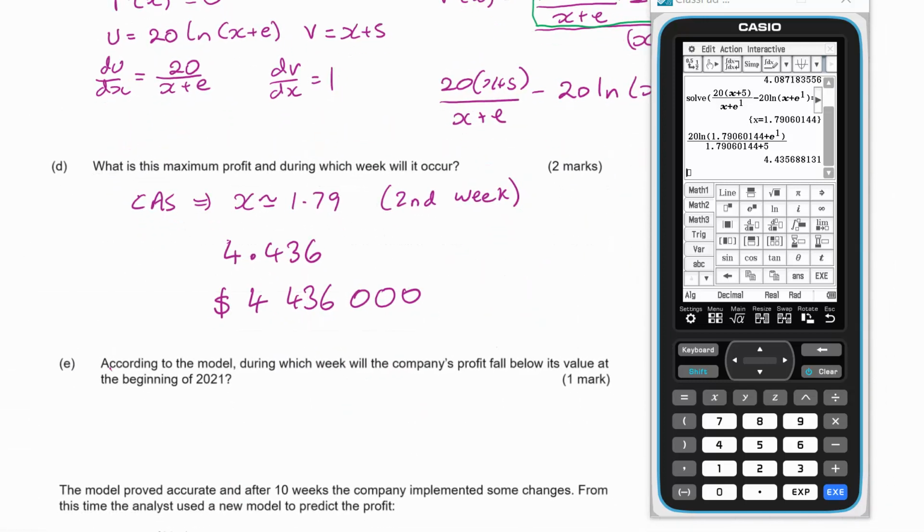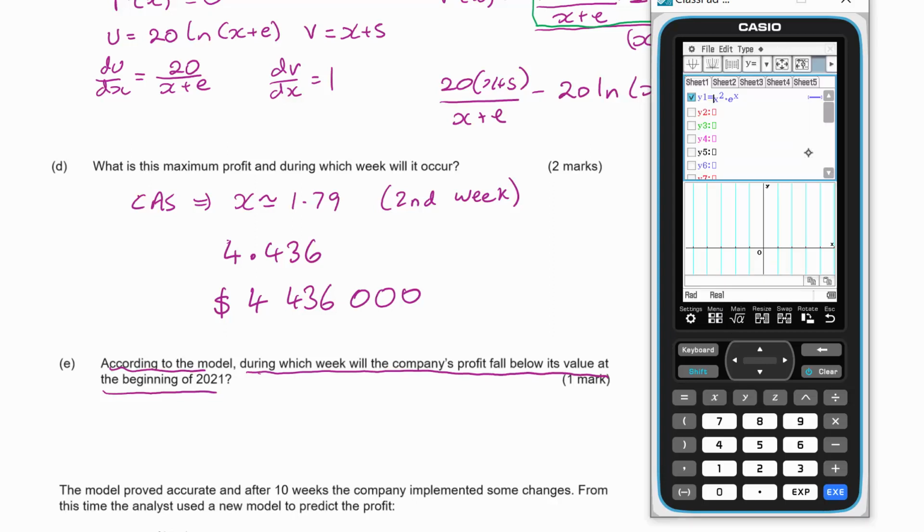According to the model, during which week will the company's profit fall below its value at the beginning of 2021? Well, there's various ways of doing this. So I'm going to do it using graph and table.